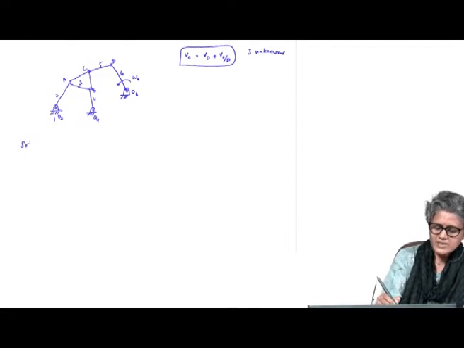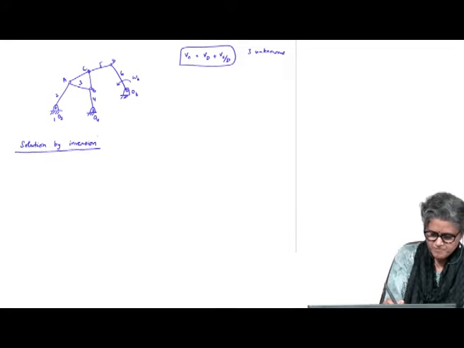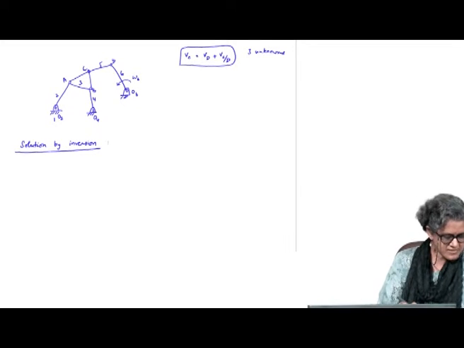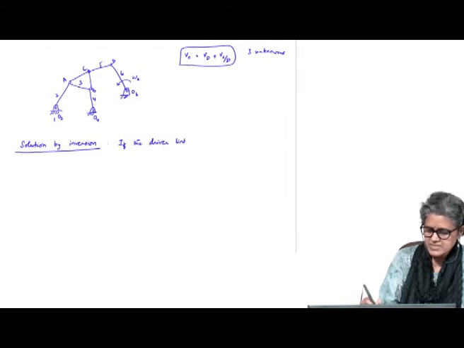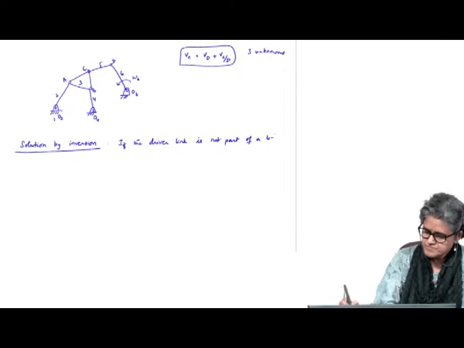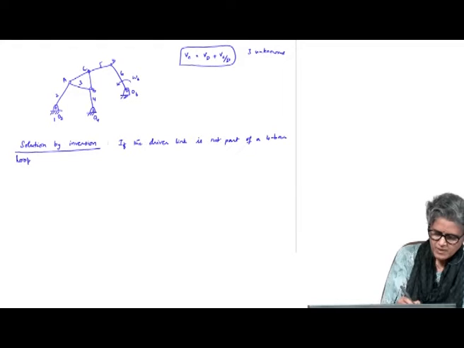So there's another method called solution by inversion, which is used for cases like this, where the driver link, here the driver link 6, is not part of a 4-bar loop that contains the frame.